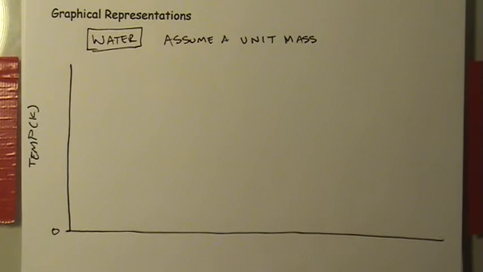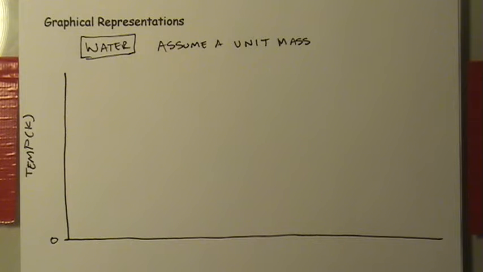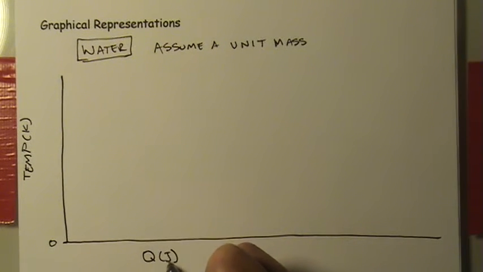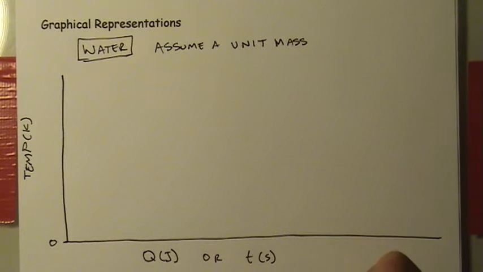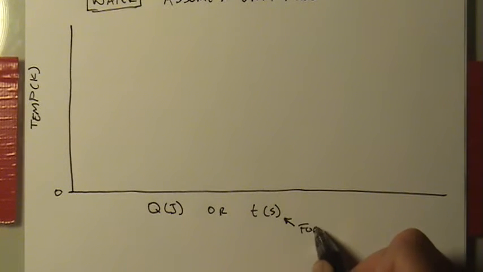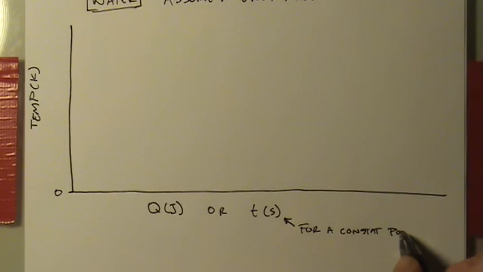And on the horizontal axis, we could pick two choices. It would look exactly the same either way that I did it. It's effectively the same thing. So I could either look at Q in joules, or I could look at time in seconds for a constant power.